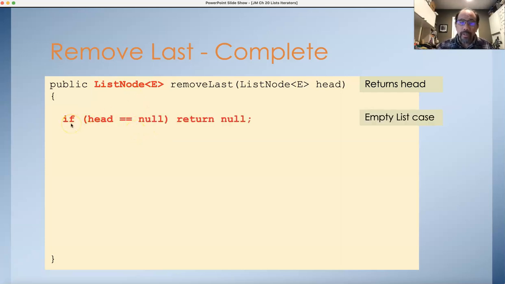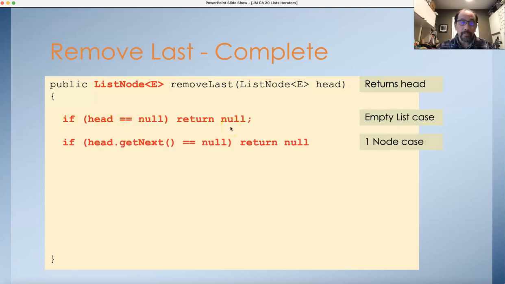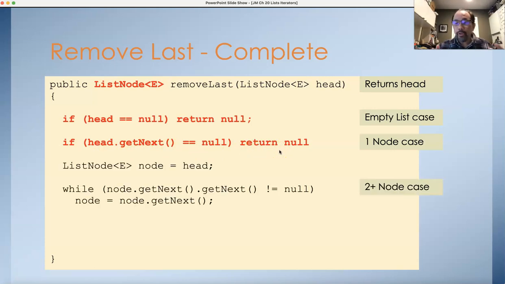So starting off with the empty list case, if our head is null, just return null. If there's only one node, meaning head.getNext is null, again, return null. Then we have the 2+ node case, which is what we had earlier, where we iterate until the second to the last node is found.